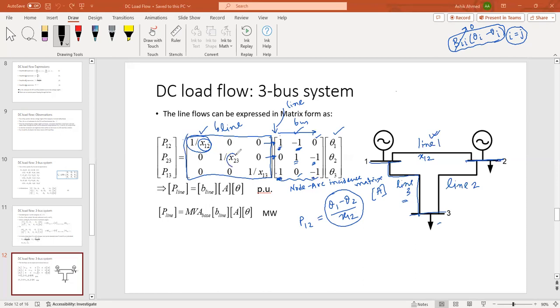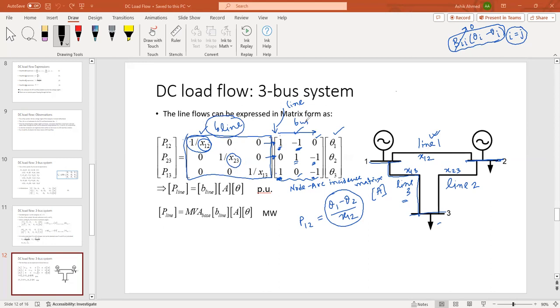Reactance of line number 2, x23. Reactance of line number 3, which is x13. You simply take the inverse of the corresponding line reactance and put them along the diagonal entries. The remaining off-diagonal entries are all 0. Whatever matrix you get is known as B line.